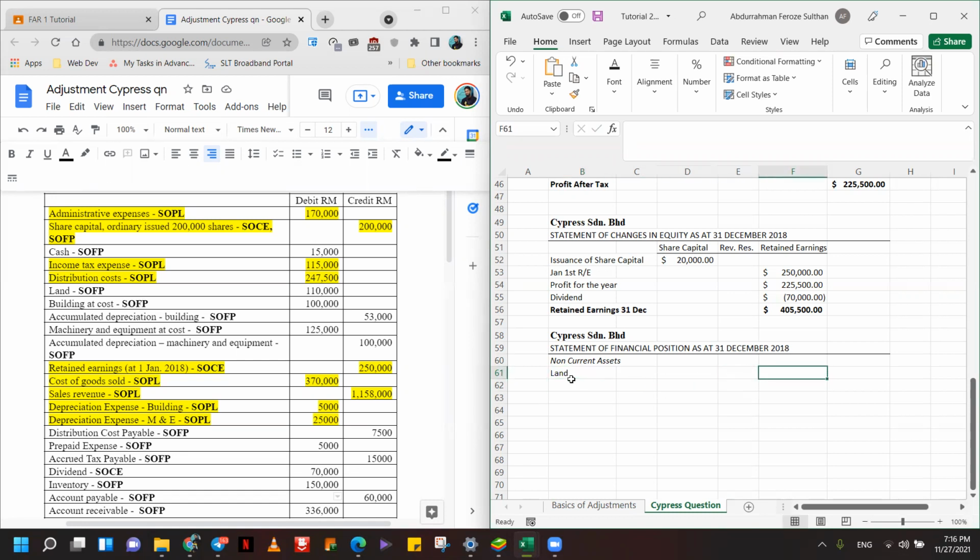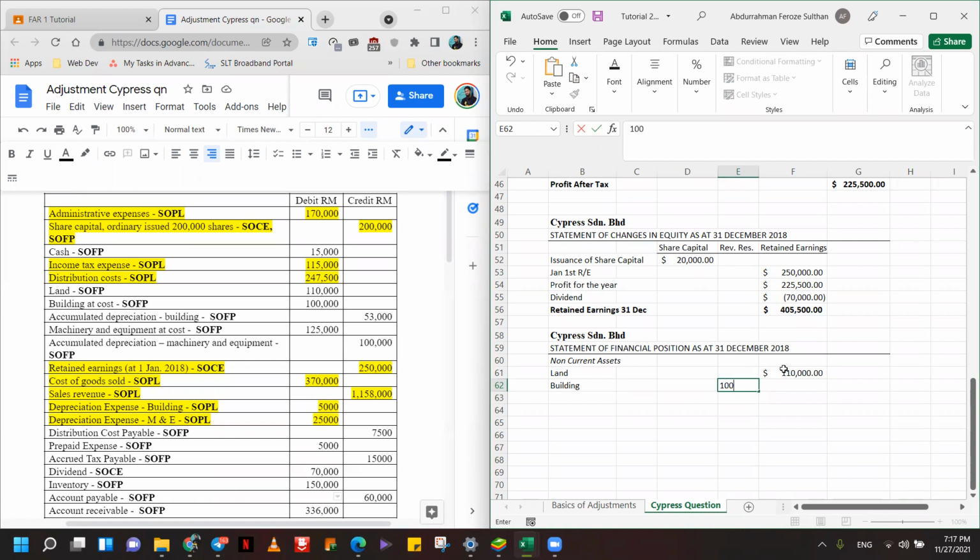So we have this. How much is it? 110,000. All right. And then what is the next one? The building at cost, right? Yes. Let's say building. All right. But the building you have to calculate.